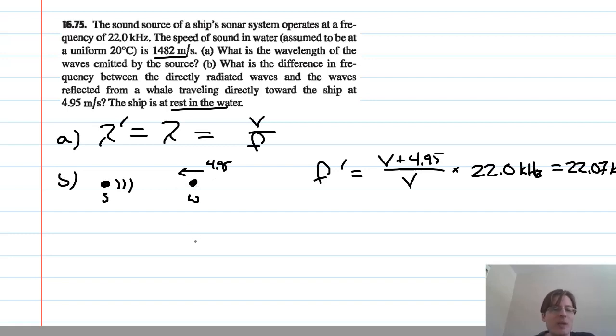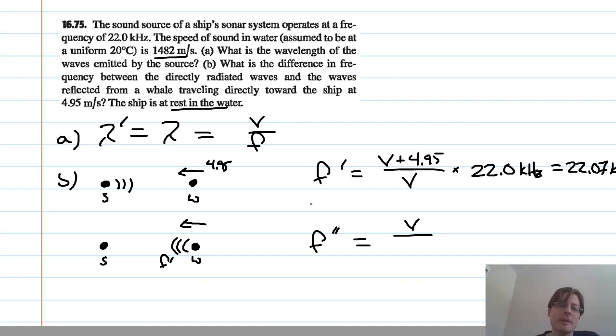The whale now emits that frequency, but it's emitting it while it's in motion, so there's that secondary Doppler shift. Now the ship is the observer. The whale is now the source of waves f prime, and it's emitting that f prime while it's in motion. So the ship now picks up f double prime, v plus v observer. Now the observer is the ship on the second part, so it's v.